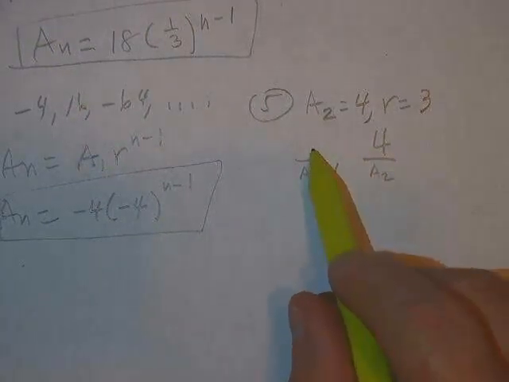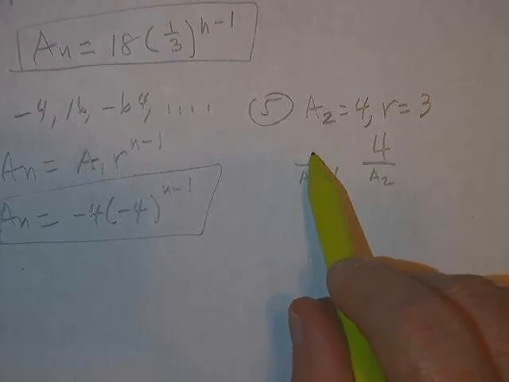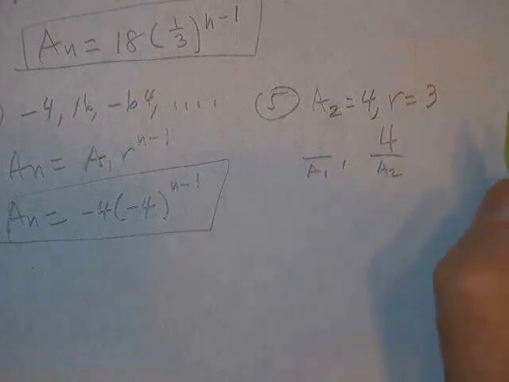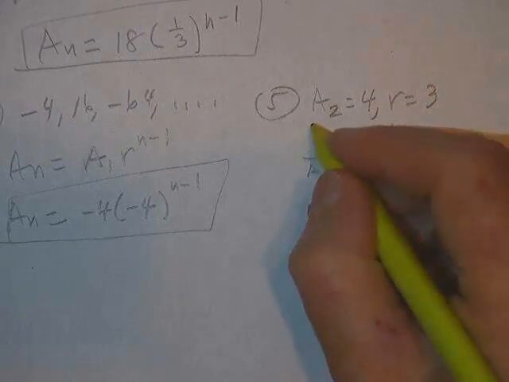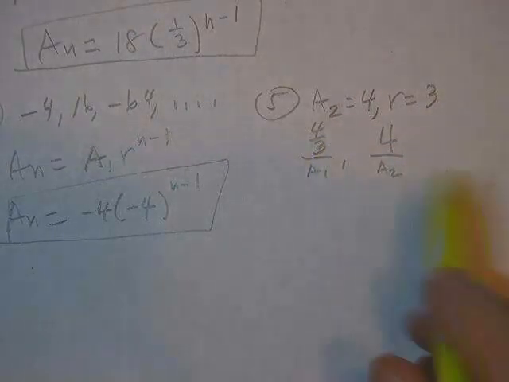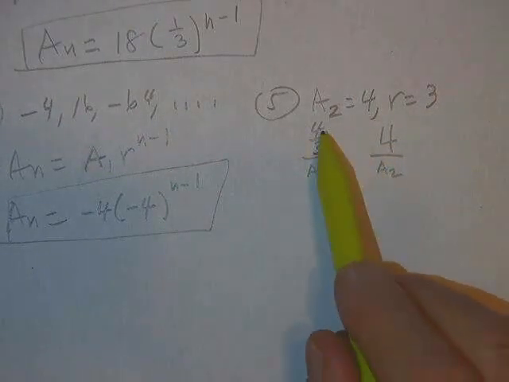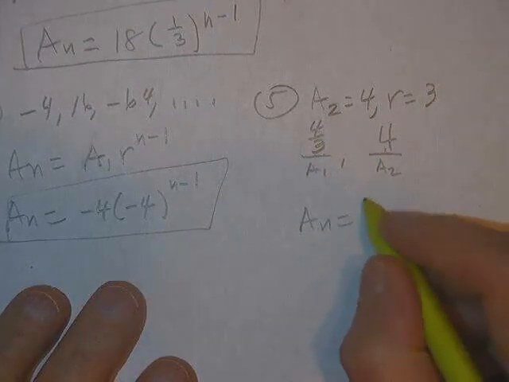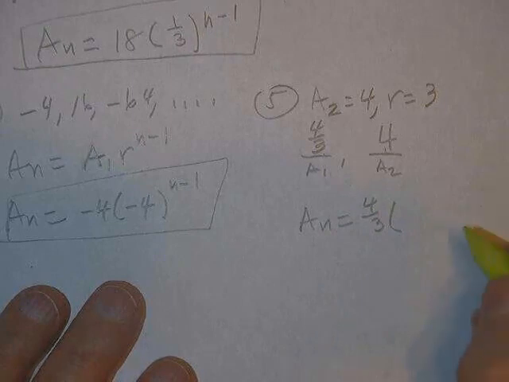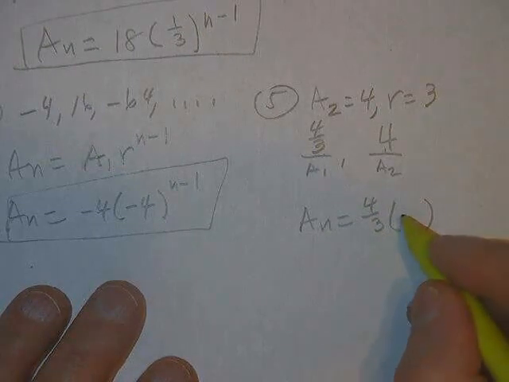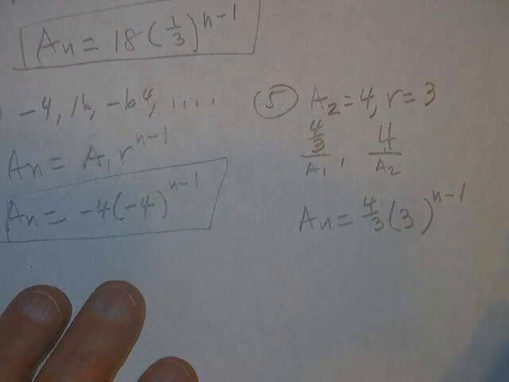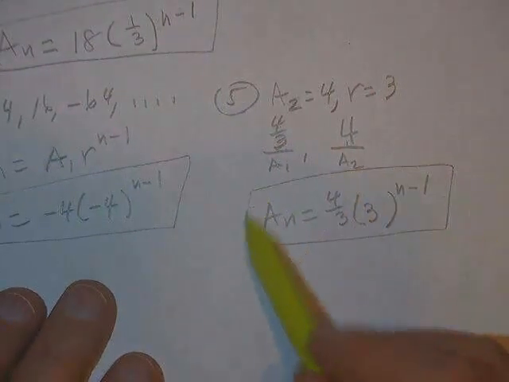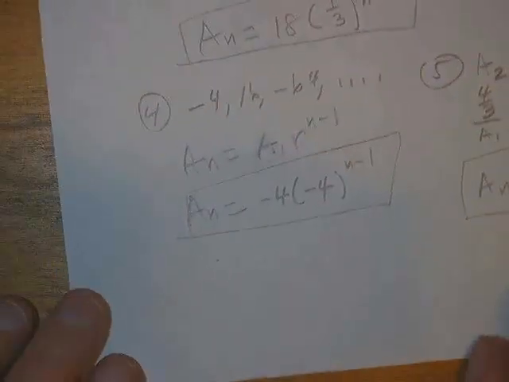So whatever's over here got multiplied by 3. So maybe I just take this and divide by 3 because I'm going backwards. 4/3 times 3, that's 4. So there's my first term. There's my common ratio and the n minus 1. And I'm done on that one. So that one wasn't too bad.